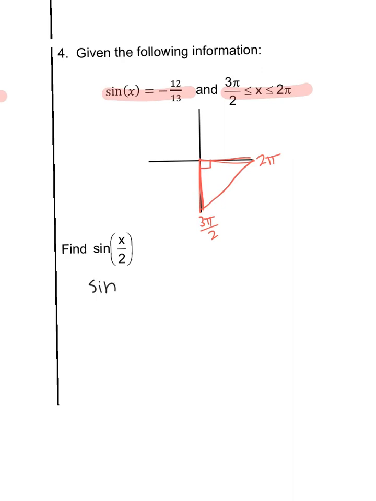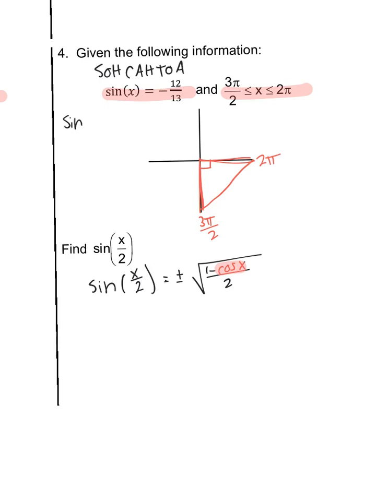So if I'm finding sine of x over 2, this is the same thing as sine of 1/2 x, or on your formula chart, it's 1/2 theta. Your formula is plus or minus the square root of 1 minus cosine over 2. The trig function that I need to use this formula is cosine, but I don't know what cosine is. So I'm going to use SOHCAHTOA to help me draw my triangle.